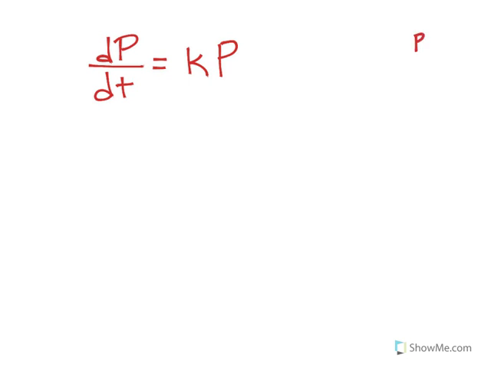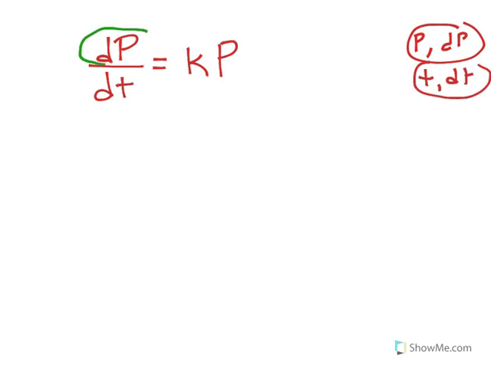I want to get all the p's and dp's on one side, and then I want to get all the t's and dt's on the other side. Now, to begin with, I have this dp, and I have k and p over here. It doesn't matter which side k is on. I usually put it with the p's. And on the other side, you can see here I have a dt, but I don't have any t's. If I did, I'd move them over as well.